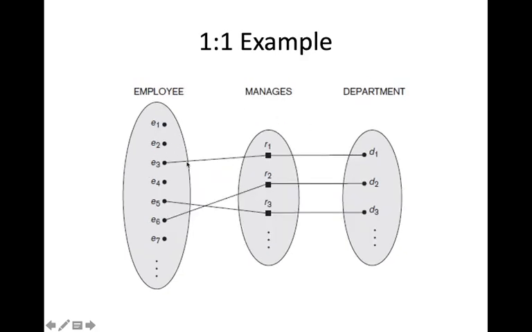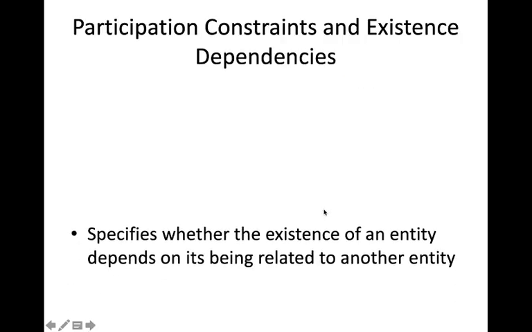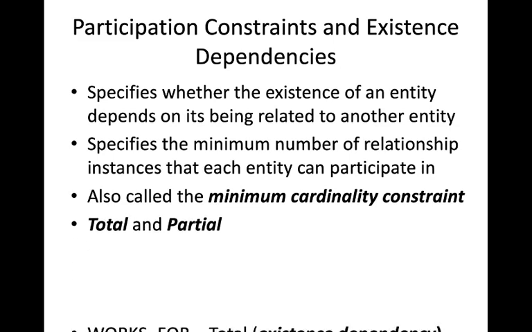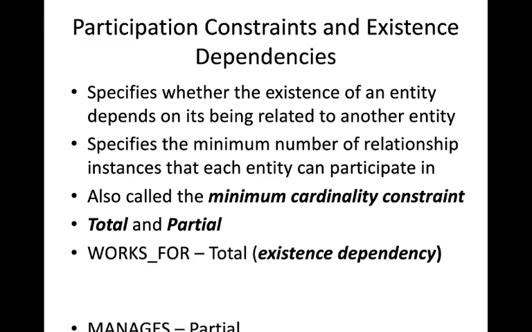And in the manages case, the employee side is partial and this side is total, because every department should have a manager. So that's the difference between total and partial. Works for is total and manages is partial.